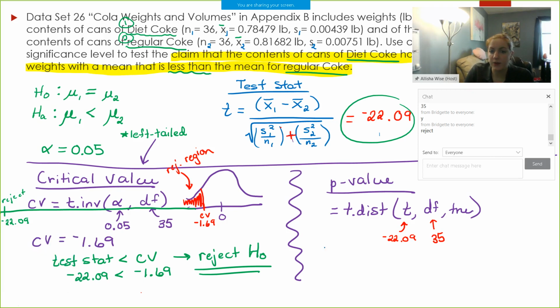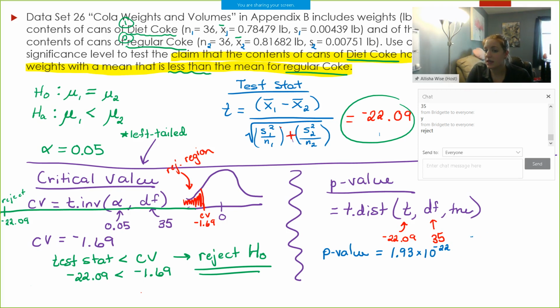So your p-value is equal to 1.93 times 10 to the negative 22. Basically, it's a really, really small number.